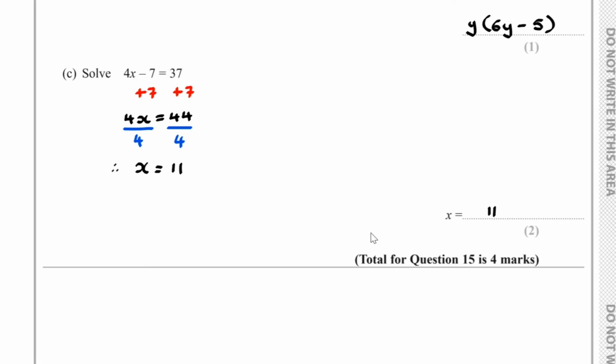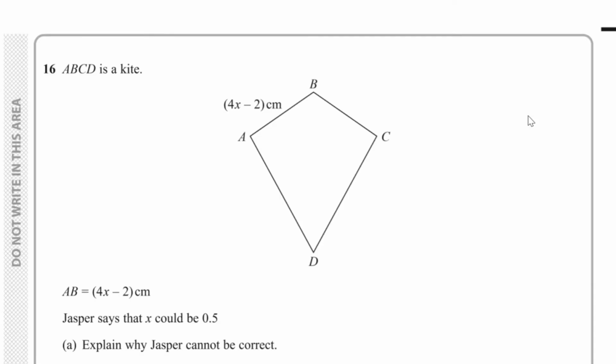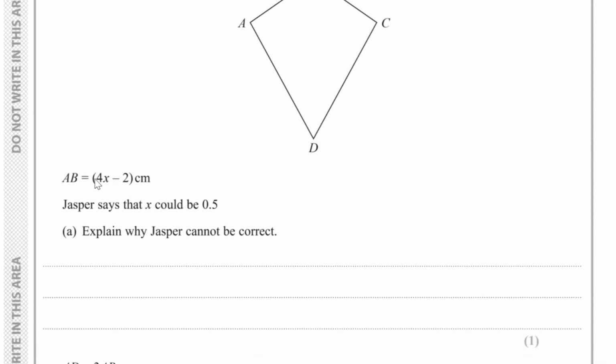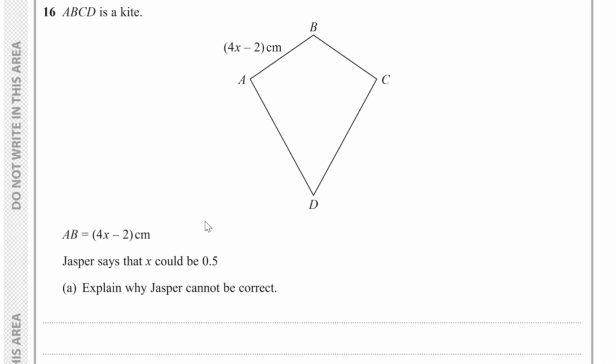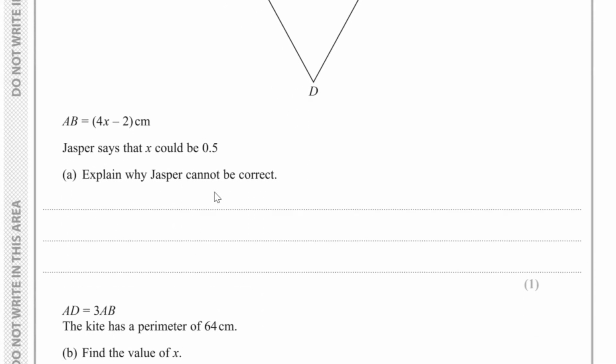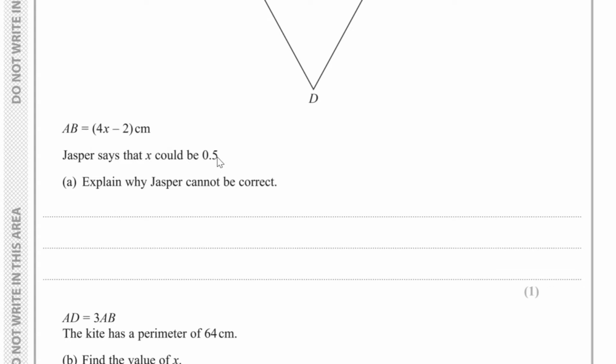So x is equal to 11. Question number 16. ABCD is a kite, and here we've got AB being 4x minus 2 centimeters, and then Jasper says that x could be 0.5, and we have to explain why Jasper cannot be correct.